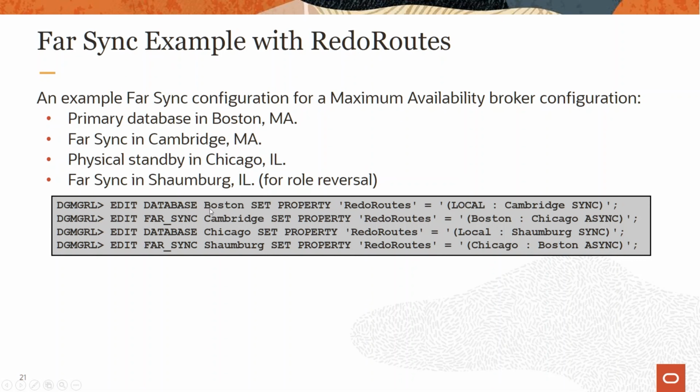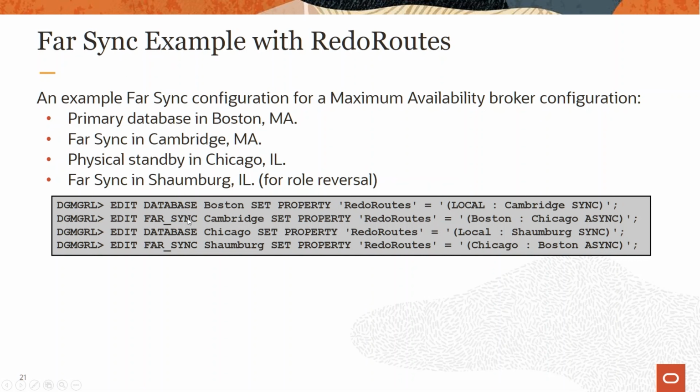The redo shipping is done from Boston database. And destination is Cambridge. If local database is a primary database, meaning that Boston database is primary database, then Boston transport redo to Cambridge database.